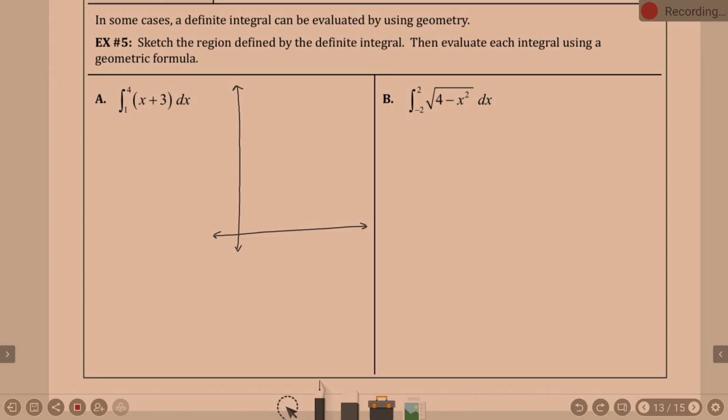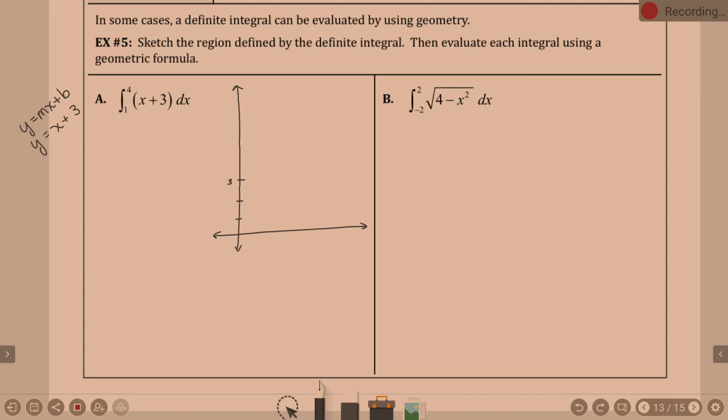Think y equals mx plus b, right? This is going to be the hardest part, not the geometry, just the basic graphing. So we know we're going to have a line that goes through 3 and has a slope of 1.